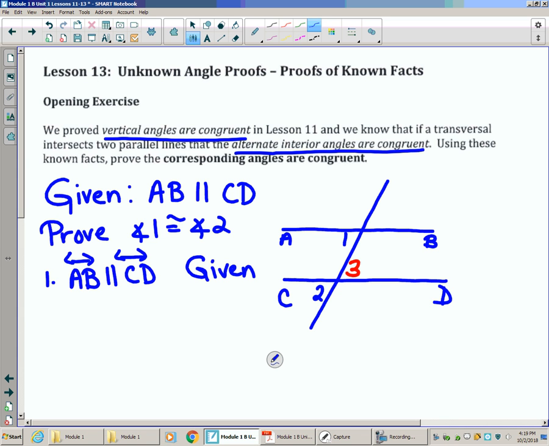We also know that since I added that angle 3 there, angle 2 is congruent to angle 3 because vertical angles are congruent.